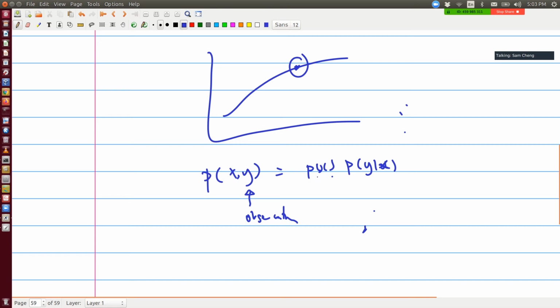So let's say my prior is Gaussian, and this is also Gaussian. What we need to deal with here is a product of two Gaussian PDFs. It is different from a product of two random variables. Be very careful. We are not looking into a product of two random variables.